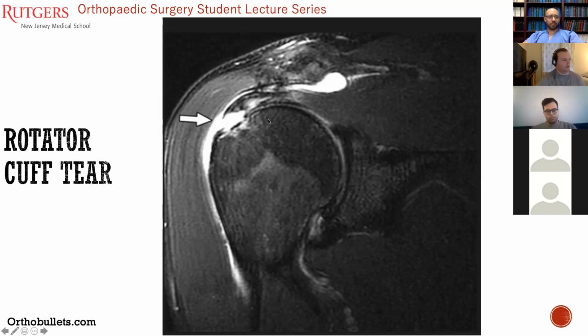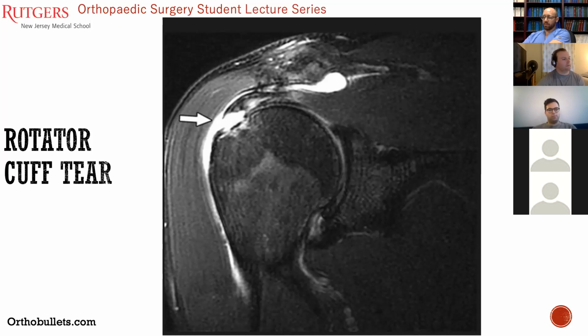Correct. Yeah, the whole purpose of injecting the dye is to evaluate the intra-articular structures. And again, if we're choosing to look at the labrum, which is a soft tissue structure, an MRI is preferable as compared to a CT.